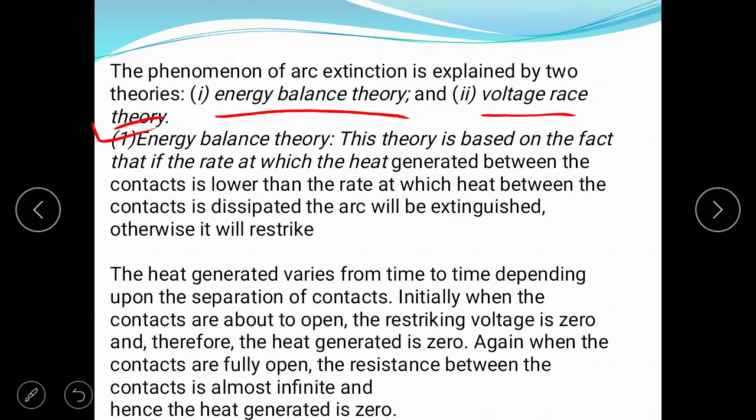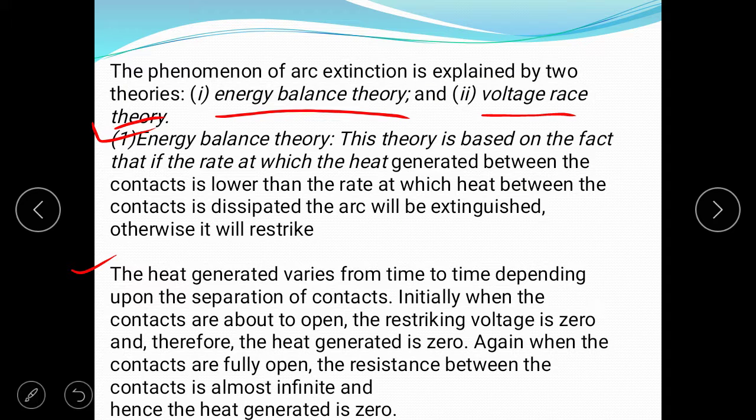Otherwise, if the rate of heat generation is greater than the rate of heat dissipation, then the arc will restrike between the contacts. So this theory states that the rate of heat generation should be less than the rate of heat dissipation, so that the arc can be extinguished between the contacts of the circuit breaker.